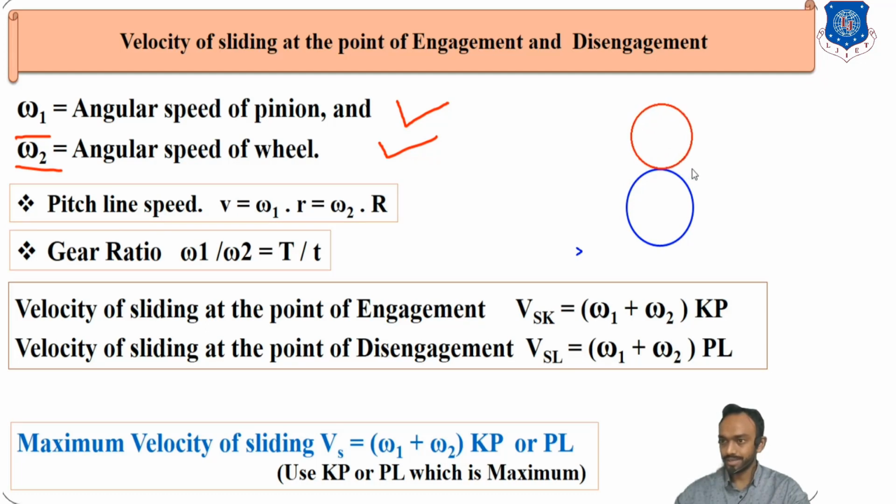If two circles are there and there is a pitch point here, and its velocity is in this direction, what will be the velocity with respect to this point?